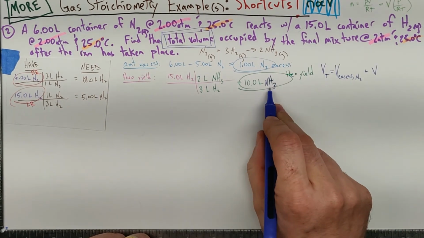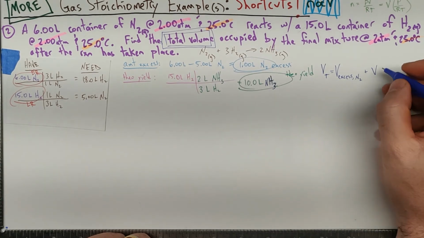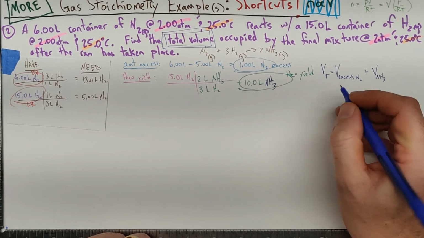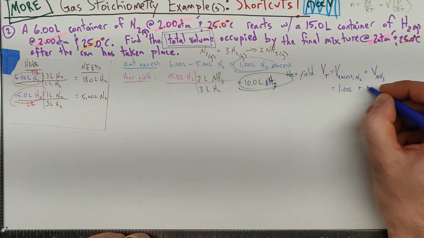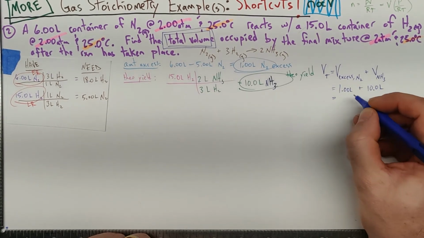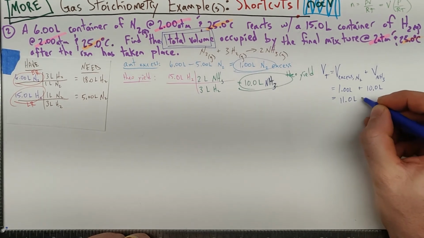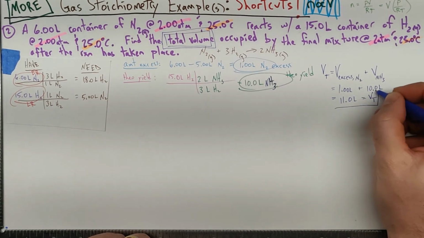Sorry about that. NH3 there, if I had watched my dimensional analysis. NH3, in this case 1.00 liters, and 10.0 liters gives us 11.0 liters as our total volume.